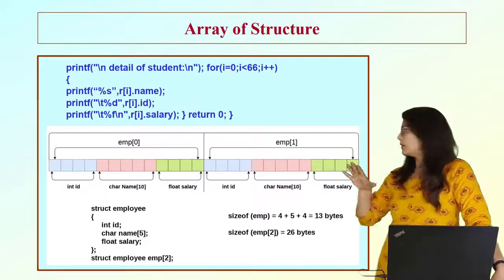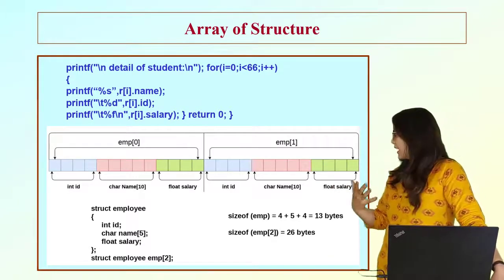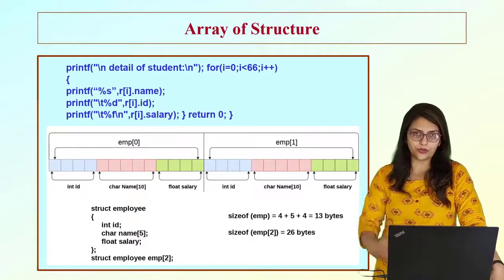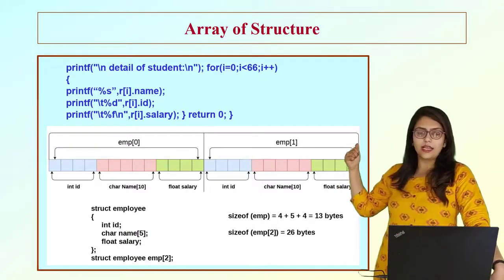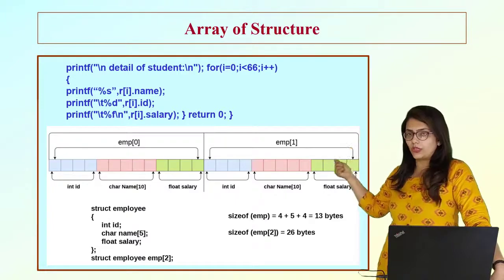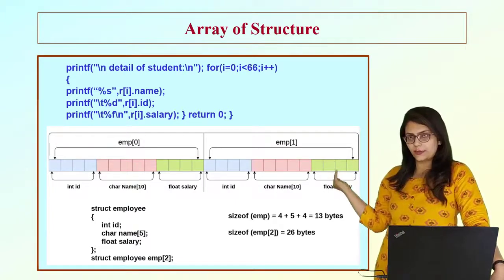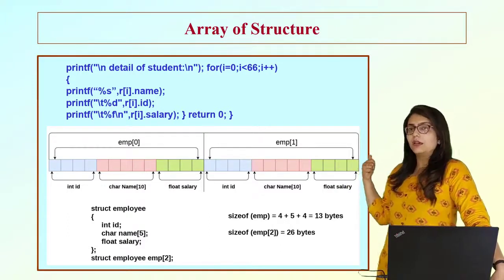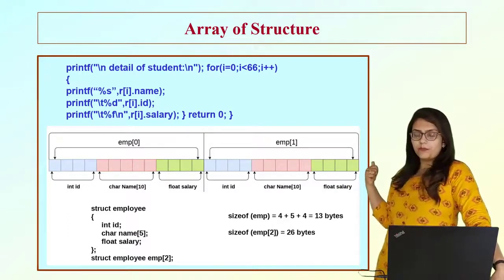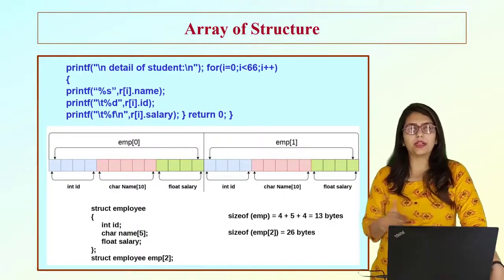You can see the graphical representation of array of structure, where you can see that the employee, or say EMP0, or employee of 0, its bytes are allocated in this way. Similar way for EMP1, that is employee array 1, the bytes are allocated in this way, right? So you can see the memory allocation.